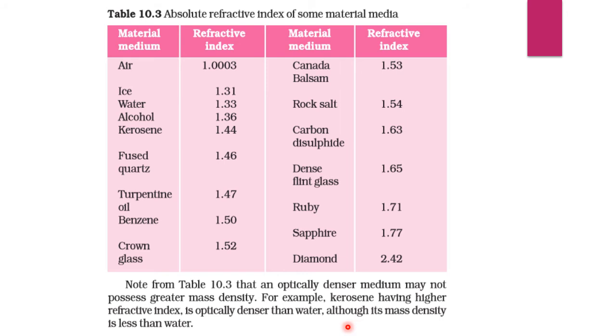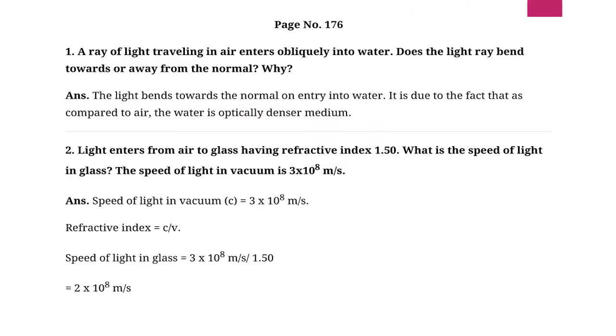But when we are comparing with light, it has a higher refractive index than water, because it is a denser medium than water. There light refracts more, whereas mass density is less, so it floats on water. So density and this denser medium are different terms.